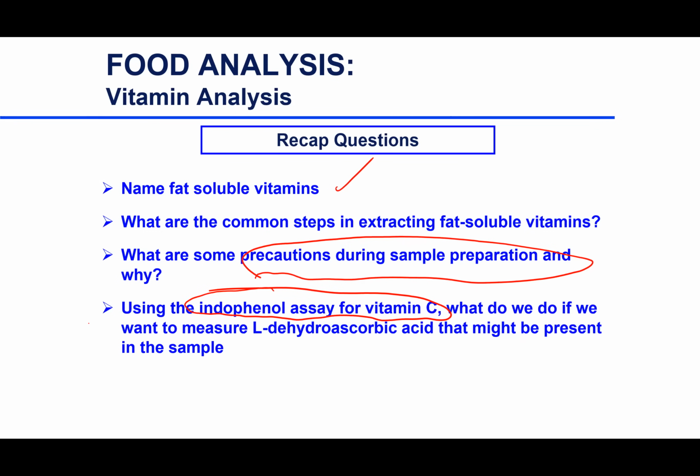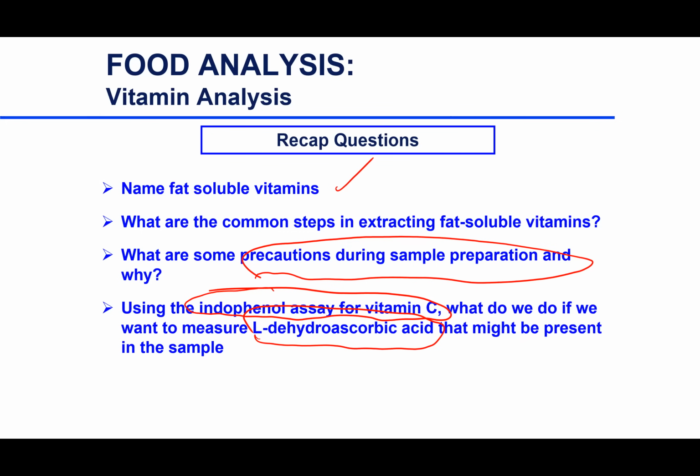So when you want to measure vitamin C in food sources, it's common to use this titration procedure using indophenol. Dehydroascorbic acid is the oxidized version of ascorbic acid.